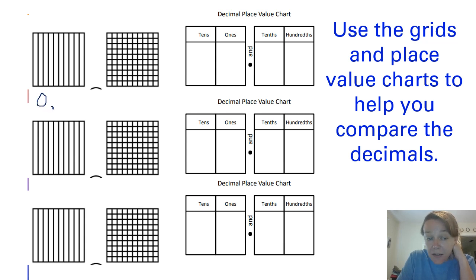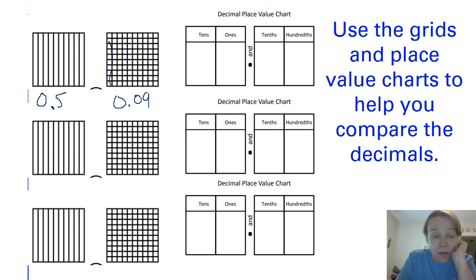Okay, now it gets a tad bit more tricky because now we're going to compare tenths to hundredths. So we have 5 tenths and 9 hundredths. And I always have somebody say it's 9 hundredths because 9 is bigger than 5. Boys and girls, this is not a 9.